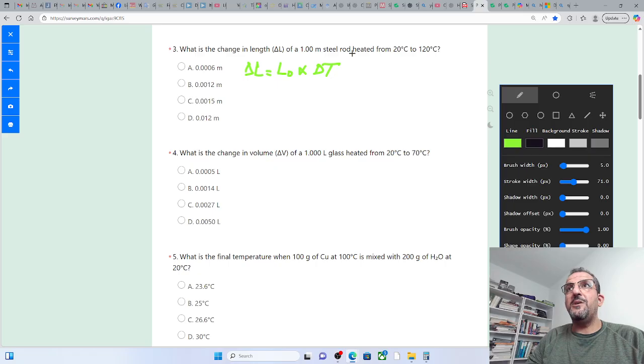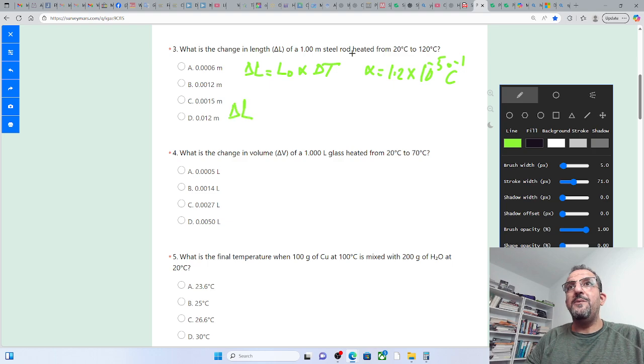We have the original length, which is 1 meter. We have the change in temperature. The temperature was 20 and it became 120. And the coefficient of linear expansion for steel is equal to 1.2 times 10 to the power minus 5 Celsius inverse.